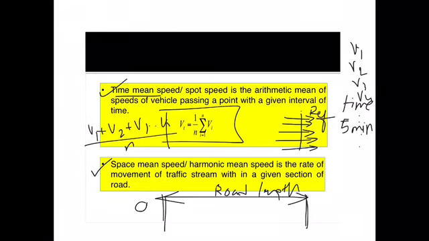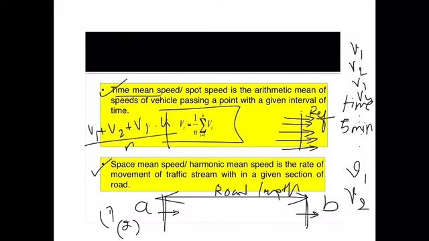For example, I'll take this as point A and point B. Let the vehicle pass from point A to point B. What is the speed required for the first vehicle to pass from reference A to reference B? That will be V1. Similarly, for the second vehicle, what is the time required to pass point A and point B? That is V3.